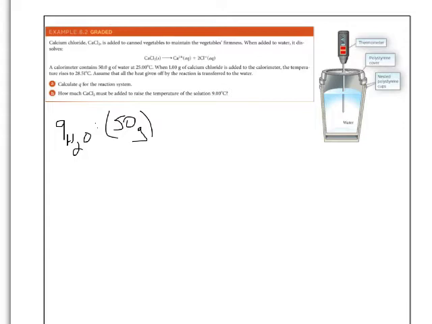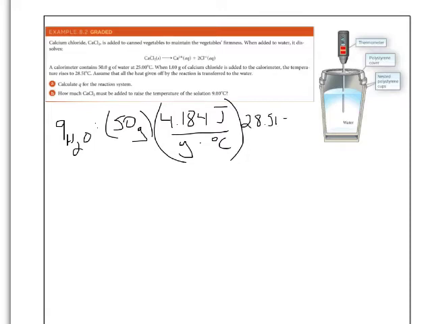The specific heat of the water is 4.184 joules per gram degree Celsius. So that's the specific heat of water. And then the change in temperature, so the temperature starts at 25 and it goes up to 28.51. So 28.51 minus 25 degrees C.